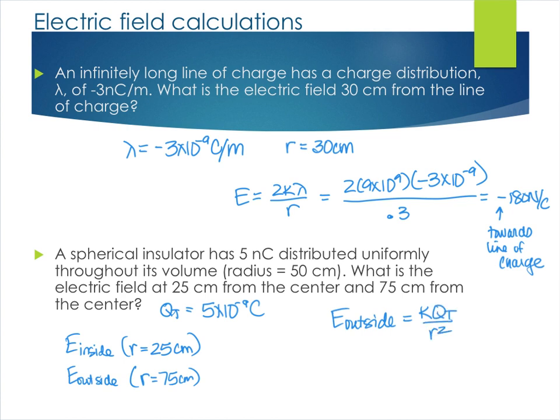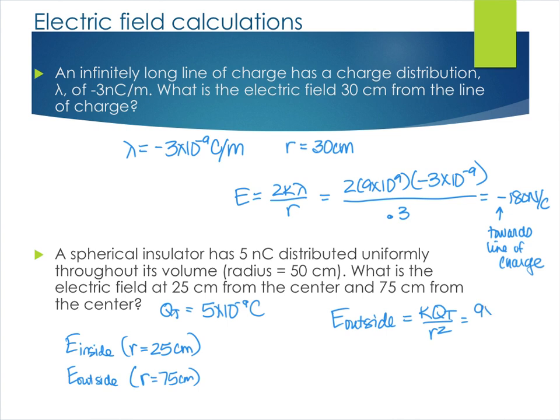I'm going to do the electric field outside first because it's easier. What we found is once we get outside of an insulator sphere, even though it has a certain size to it, it ends up looking like the electric field of a point charge placed at the very center of the sphere.